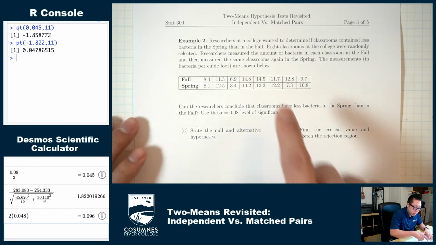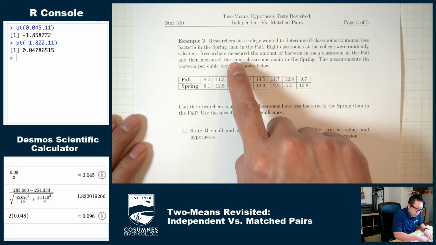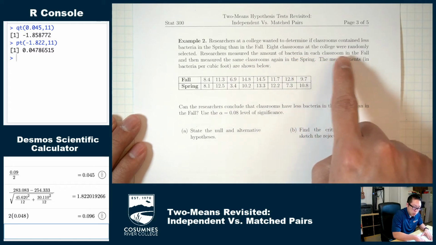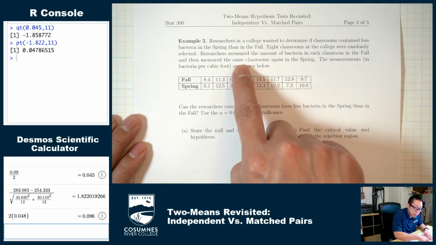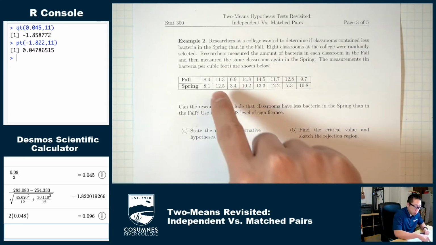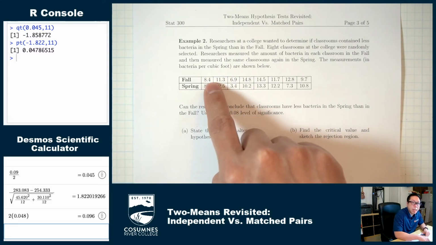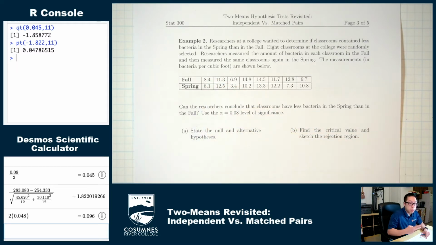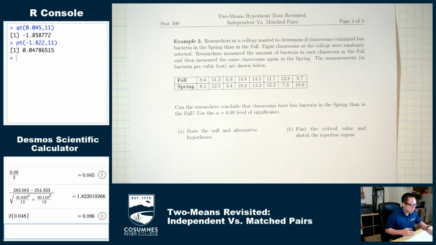It says, researchers measured the amount of bacteria in each classroom in the fall, and then measured the same classrooms again in the spring. So these are measurements on the same classrooms, right? Once in the fall and once in the spring. So these are two measurements on the same thing, which means this is going to be matched.